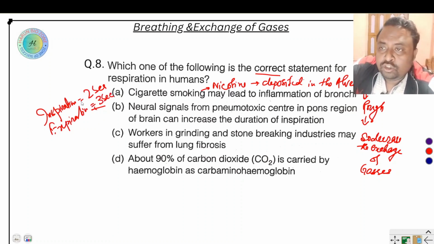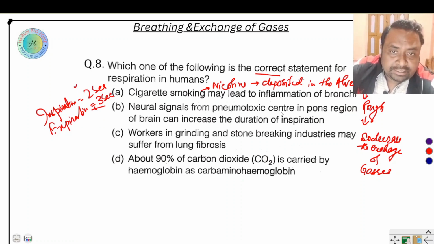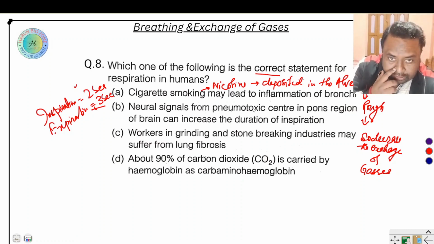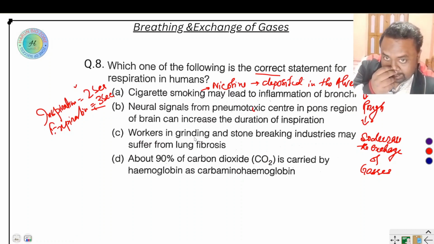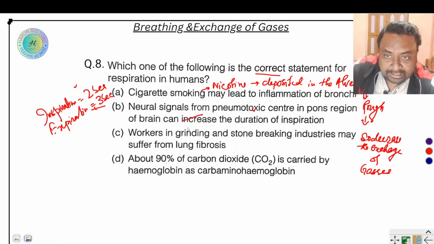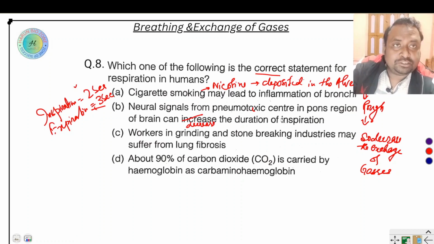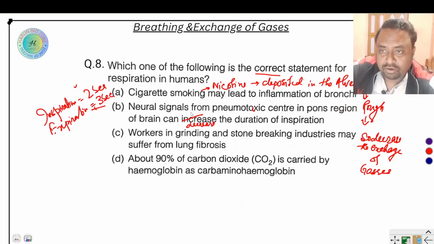But when the neural signal from the pneumotaxic center in the pons region of the brain decreases the duration of inspiration, short breaths occur frequently.